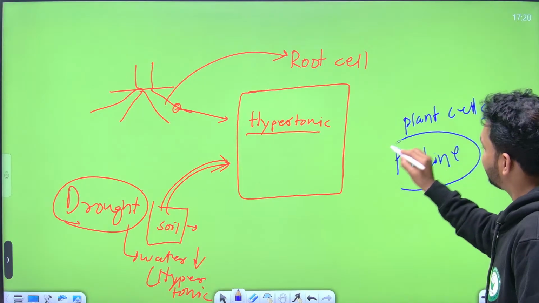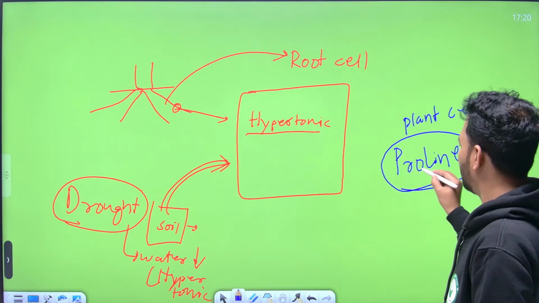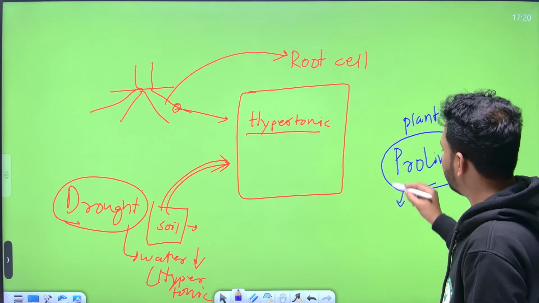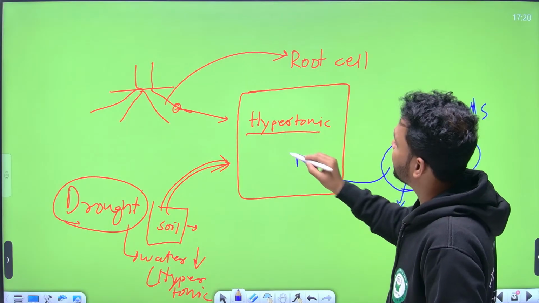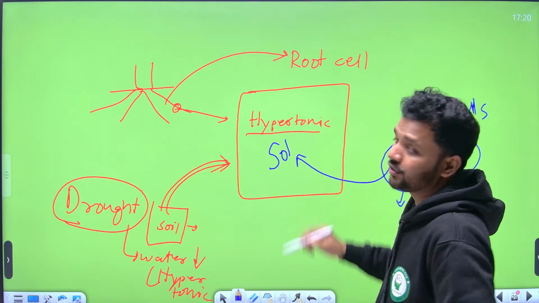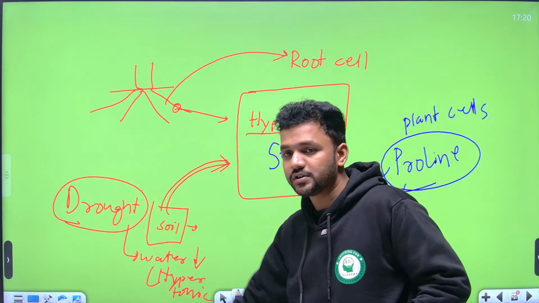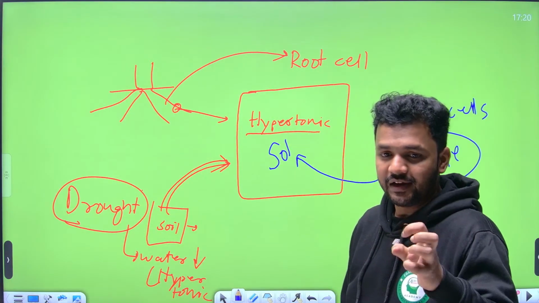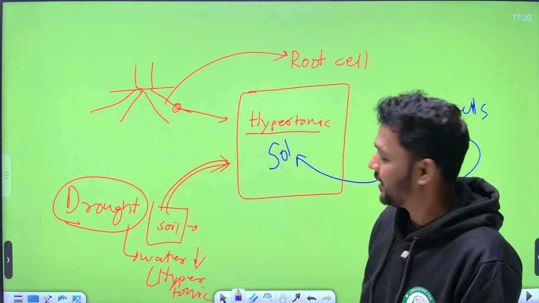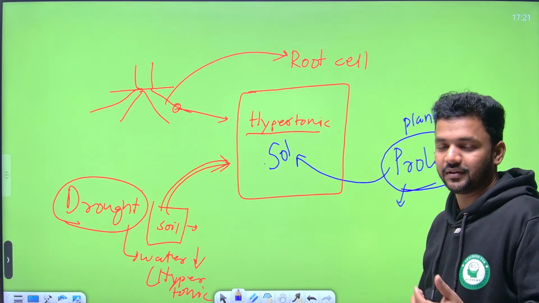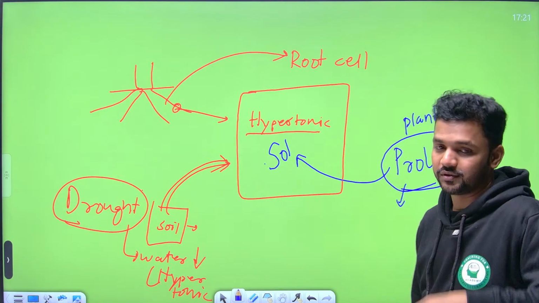This amino acid, this chemical or molecule, will increase the solute pressure or the osmotic pressure of the cell more, and even in drought conditions, the tightly held water from the soil is absorbed by plants. So it is also demonstrated through osmosis.